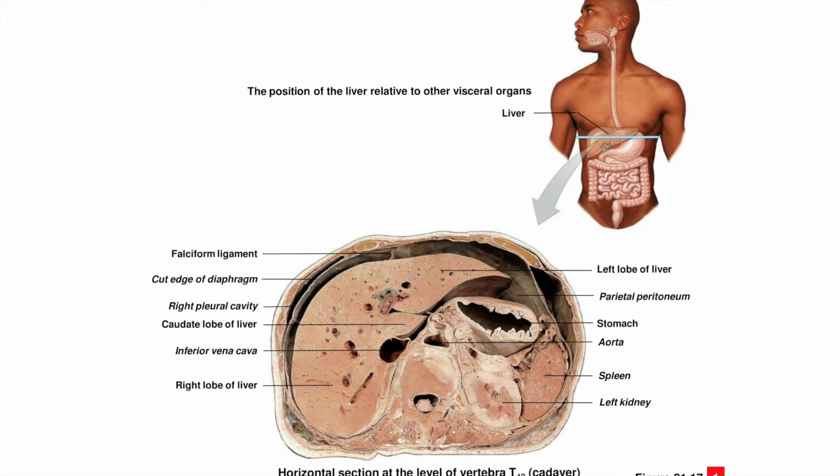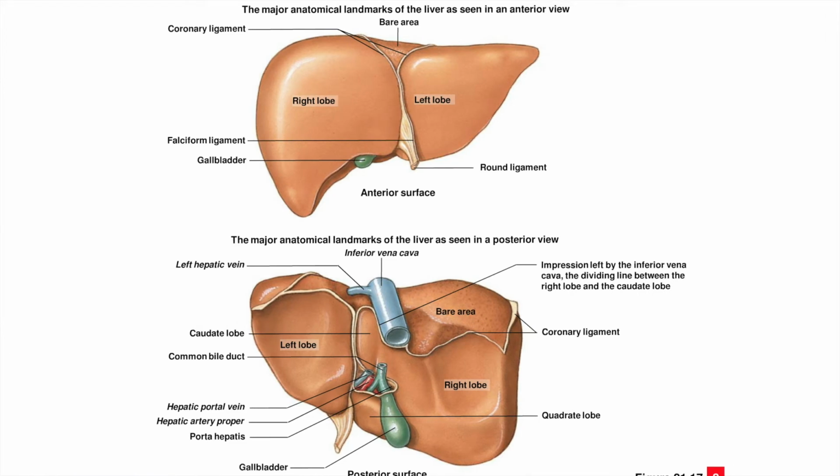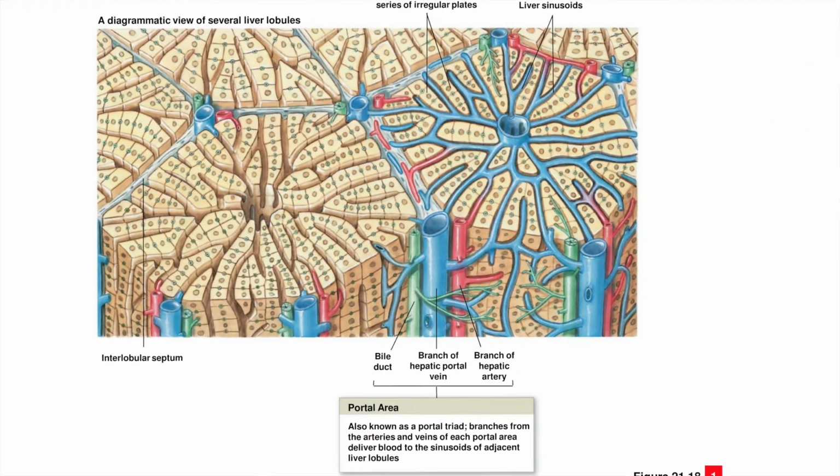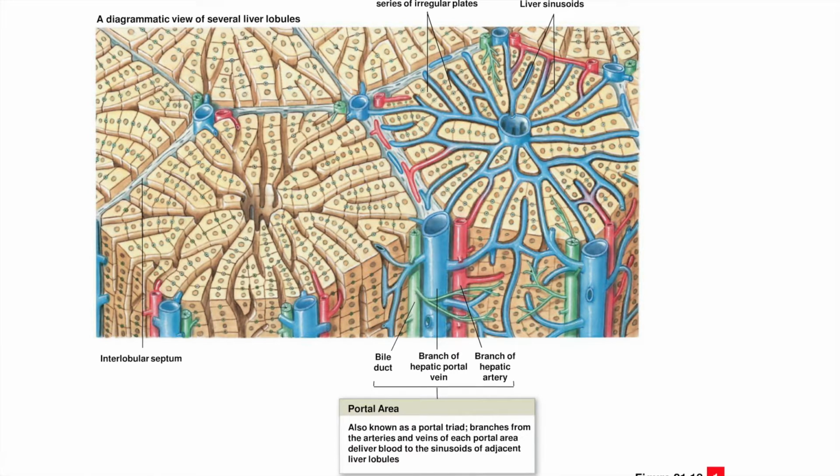The liver. Here's the liver. Here's a cross section through the liver, so you can see it's one of your larger organs. It has over 200 known functions. We're just going to talk about a few, just the ones that are involved in digestion. So, first, the synthesis and secretion of bile.